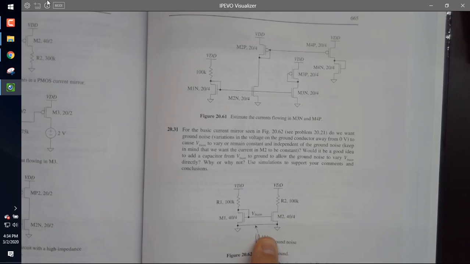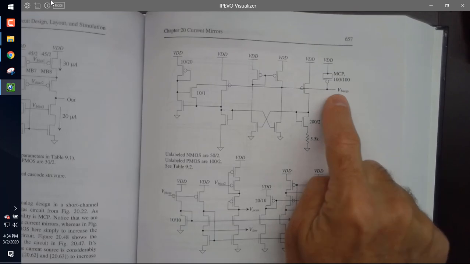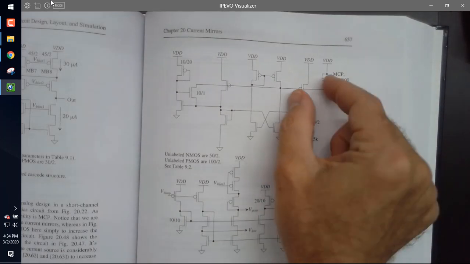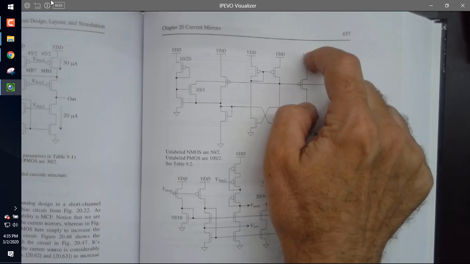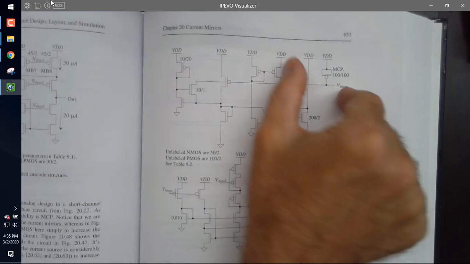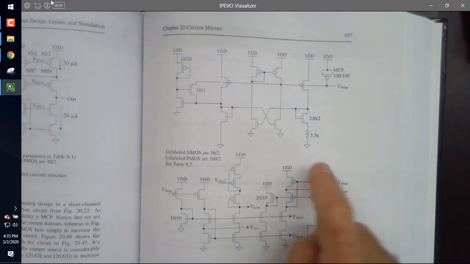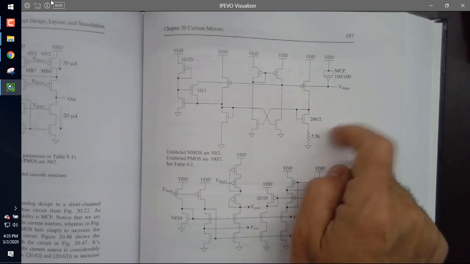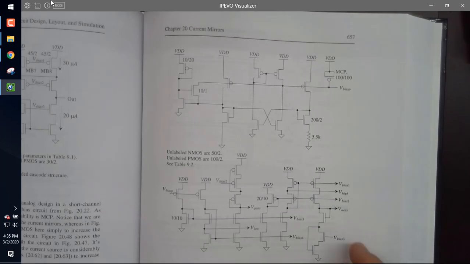Let's make sure everybody follows that. That's important practically. So V bias P is a VGS below VDD. If there's noise on VDD, I want the noise to be coupled to V bias P so that the VSG stays constant. If there's noise on V bias N, which I haven't used here, or if I use down here, I want that NMOS bias voltages to be referenced to ground.